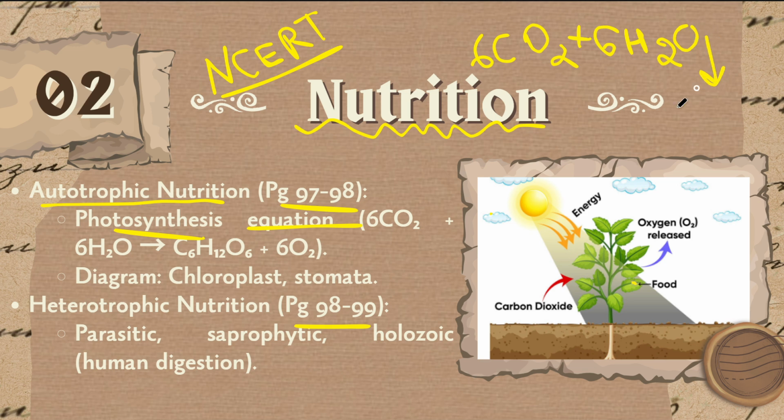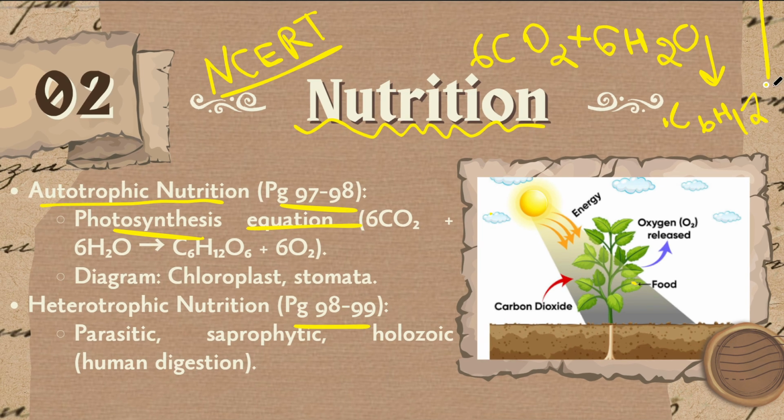And they finally form C6H12O6, which is glucose. Plus the oxygen will be 6 oxygen molecules. So this is our equation of photosynthesis.